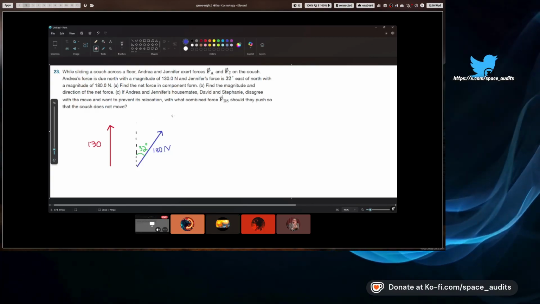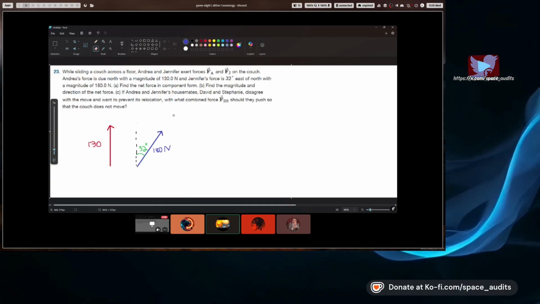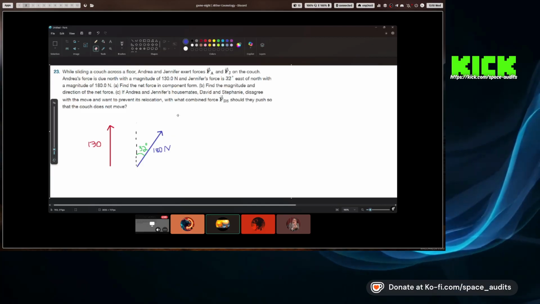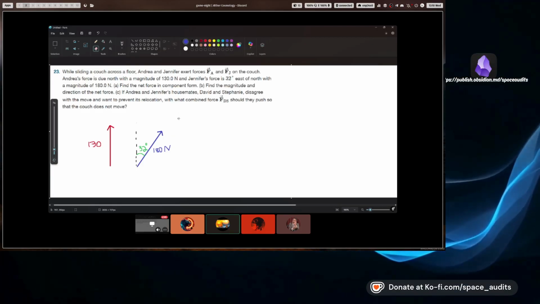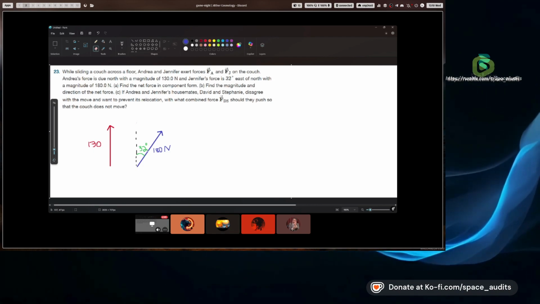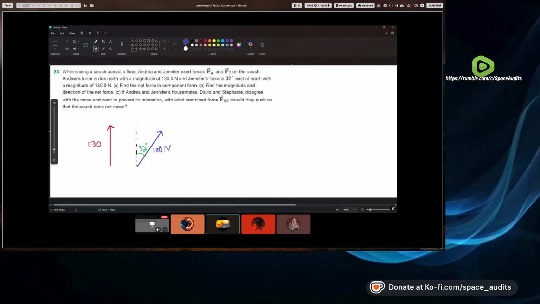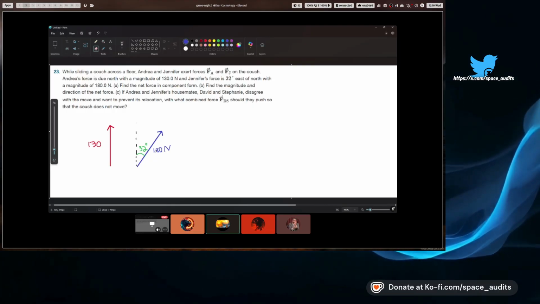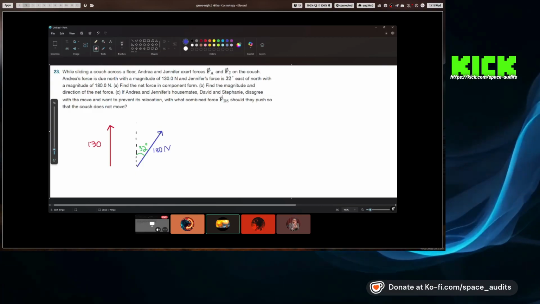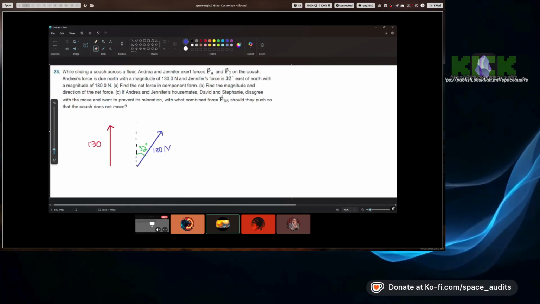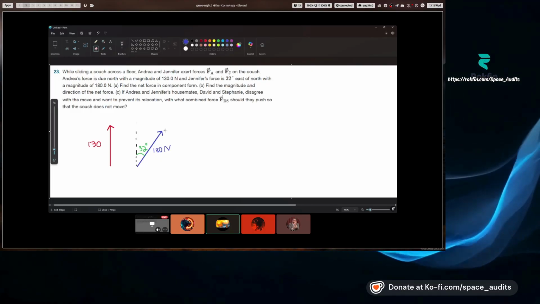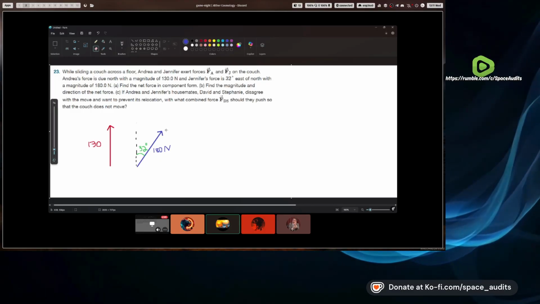One of the things we can do to start with is break this thing into its x and y components. Remember, all forces are going to be in some arbitrary direction, but we can break them into components along our major axes.